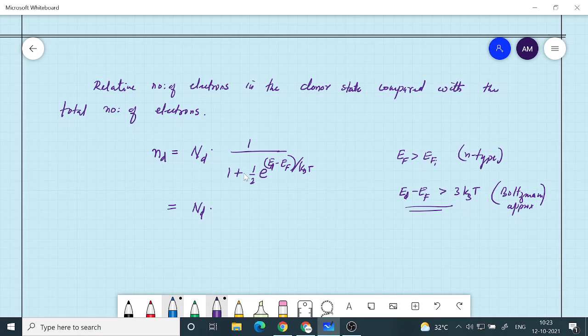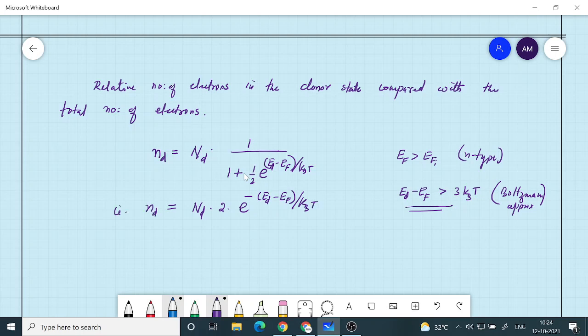So we can write this as, if I take this term to the numerator, 2 into e raised to minus Ed minus Ef by kBT. So that is our Nd.